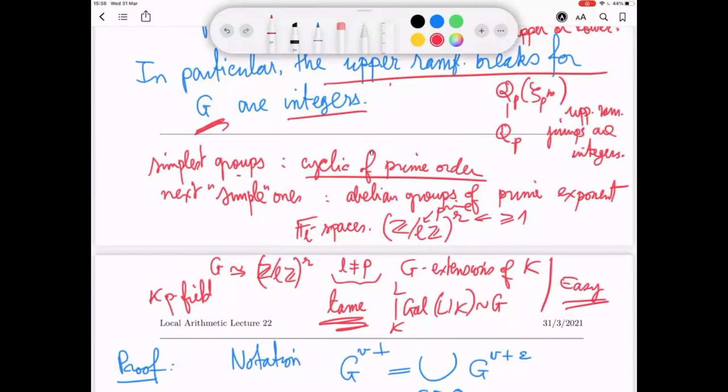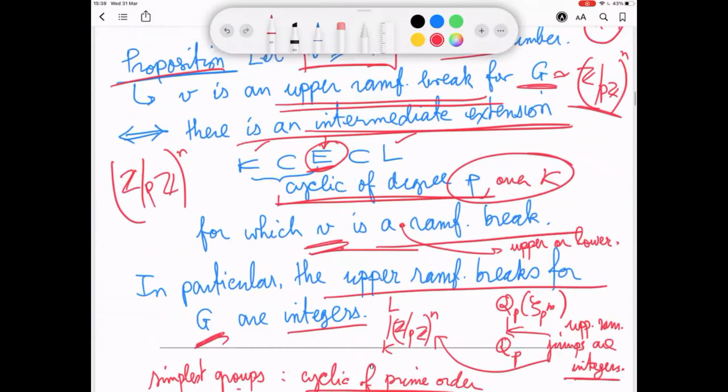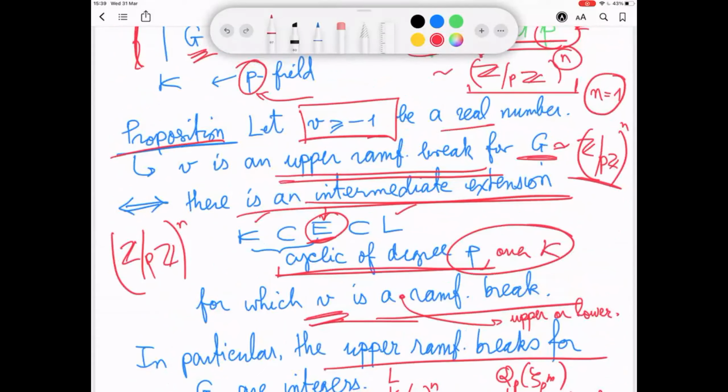Now we are looking at L over K, and the only thing is that this group is isomorphic to Z mod PZ to the n, which is not the same as Z mod P to the n Z. So in these two situations, the upper ramification breaks are integers. So that's the proposition. I'm claiming that the upper ramification breaks for G are precisely the ones which occur for some cyclic intermediate extension.